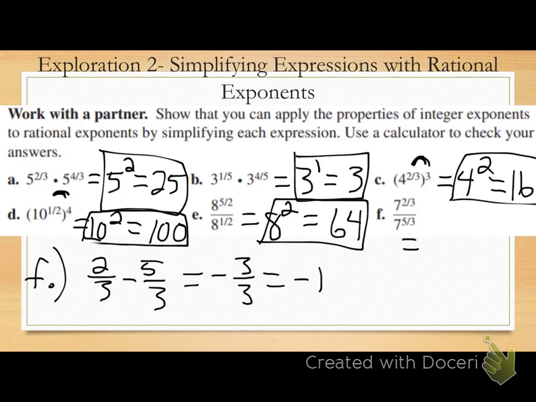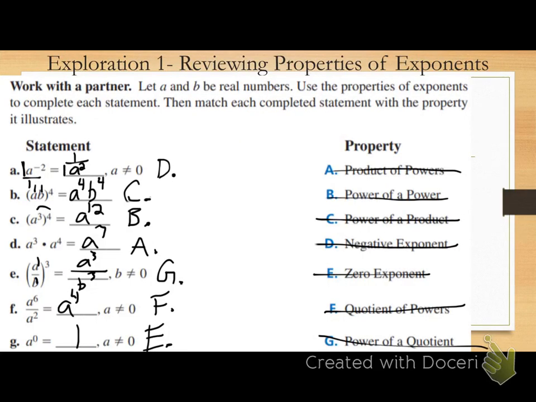So when I'm dividing 7 to the 2/3 divided by 7 to the 5/3, I get 7 to the negative first. Uh-oh. That negative exponent property is coming into play now. For it to be in its simplest form, I don't want any negative exponents. So, how do I handle a negative exponent now? Flip it.